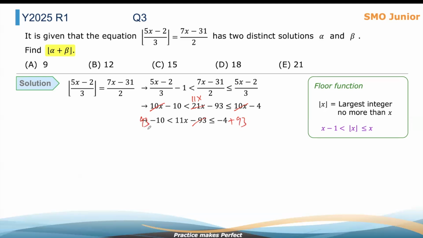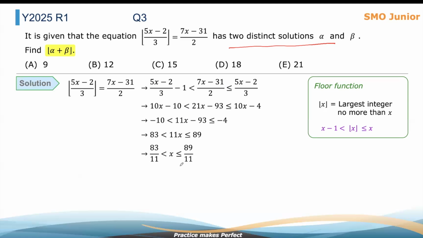So this is 83, this equals 89. Then divide by 11 for these 3 parts. This question told us the equation has 2 distinct solutions. Here we get x in this range.